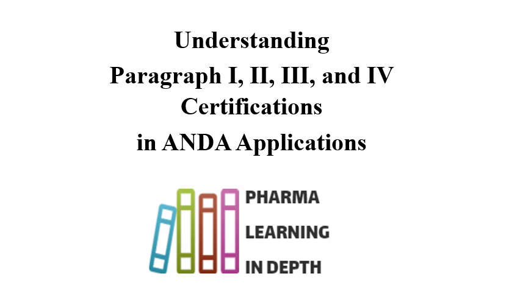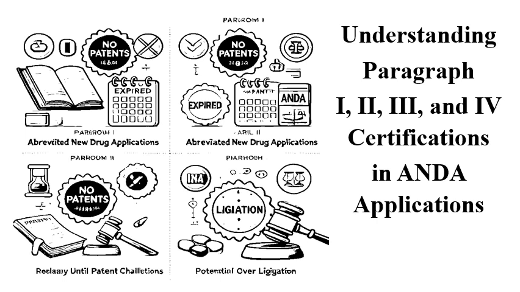You will also learn about the differences, and about whether the patent is expired or not expired, whether exclusivity is there, whether litigation will happen or not, or whether the generic application is first to file or not. So all this information is there in the video. So let's start with a simple image.